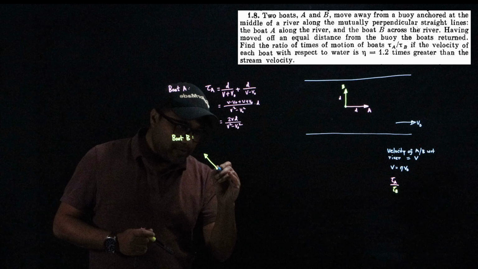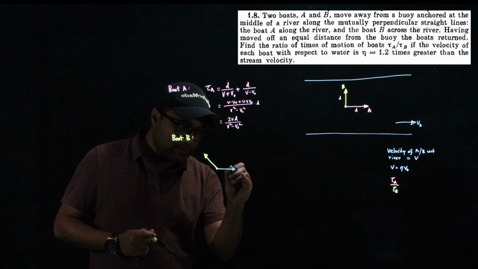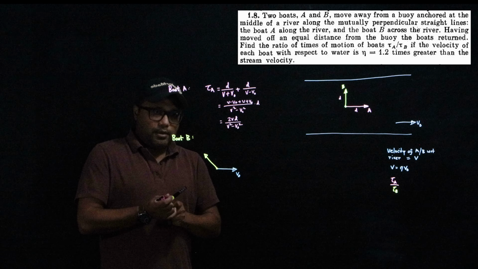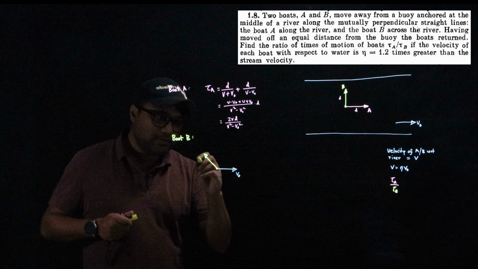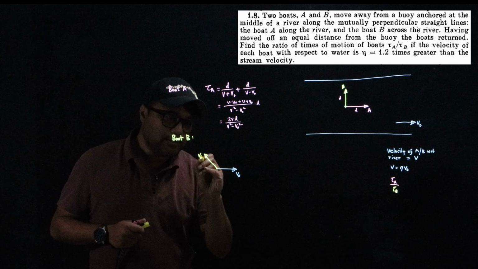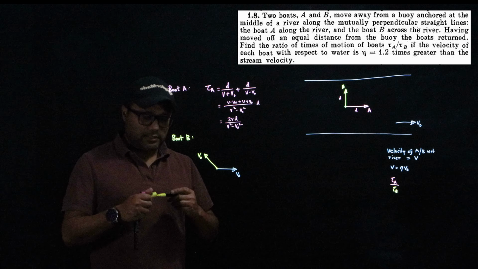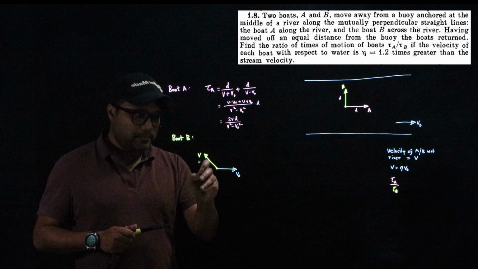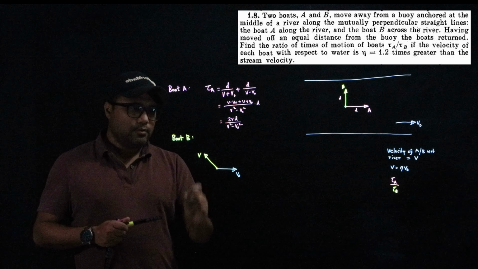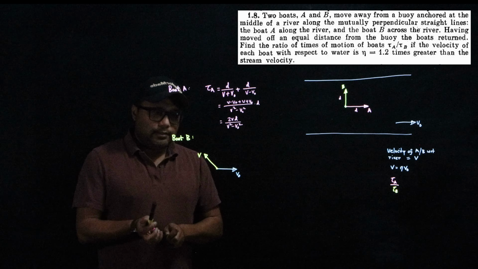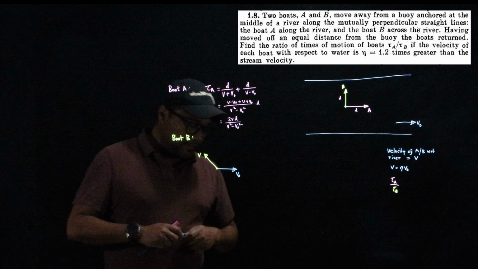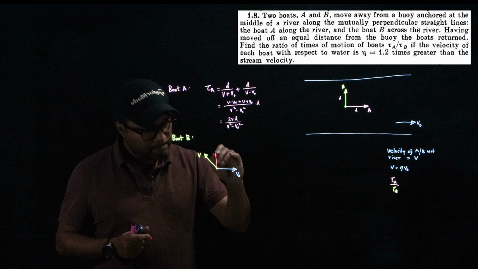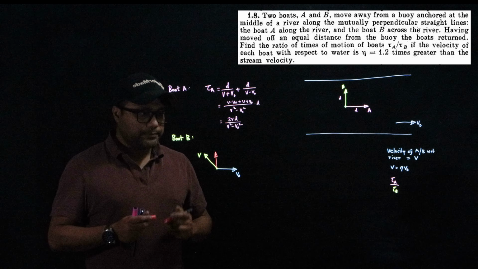Because when you add these two vectors, if this is v0 and boat B's velocity with respect to water is v, then only will the resultant vector be in this direction, right?